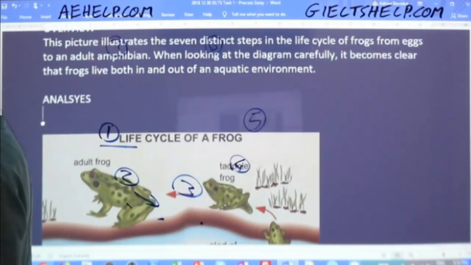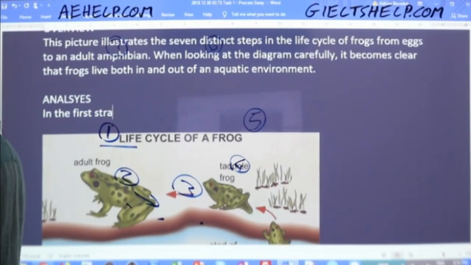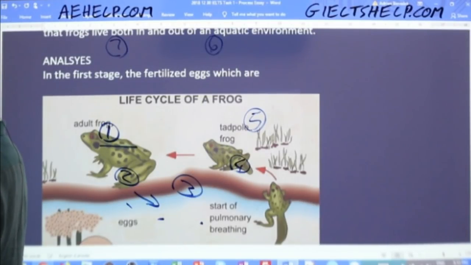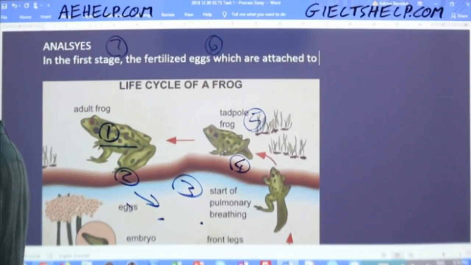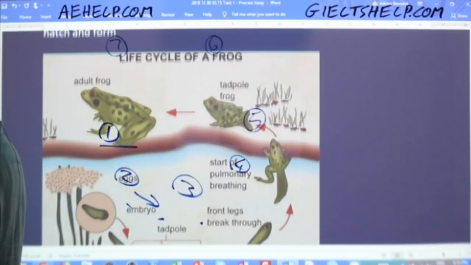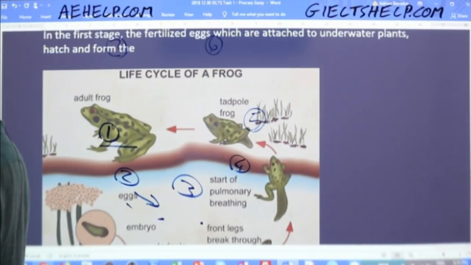So let's put that in. All right, so firstly, or in the first stage, and it's arbitrary, so I can choose the first stage. In the first stage, the fertilized eggs, which are attached to underwater plants, hatch and form the embryo.